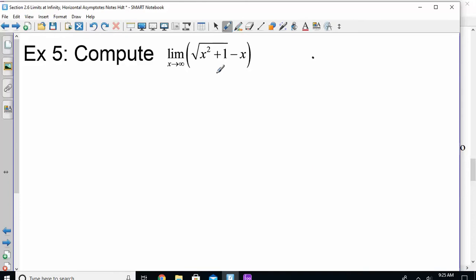What do we multiply by? The conjugate. This is just over 1. Our strategy with radicals all semester has been, if we can't do anything else, let's multiply by the conjugate.